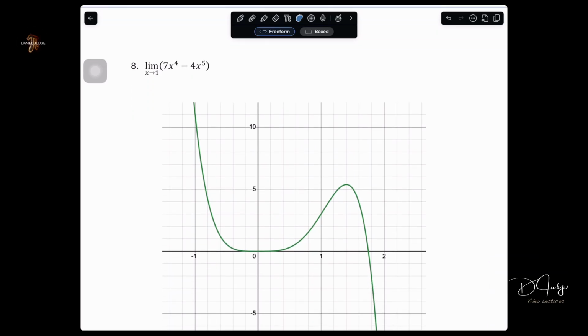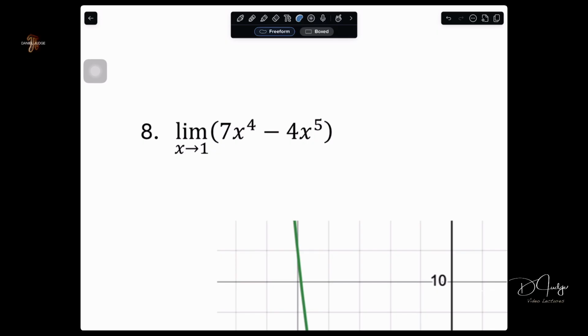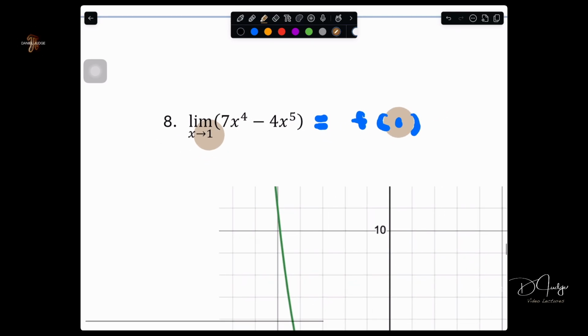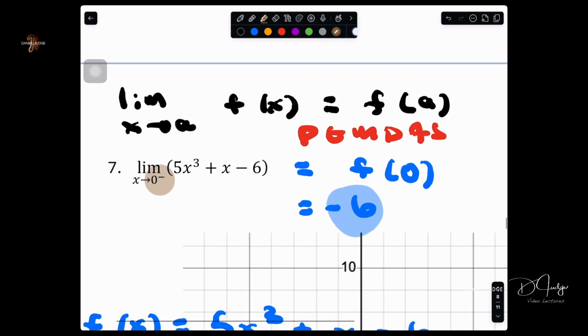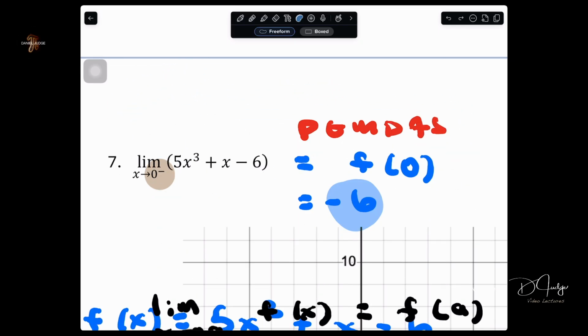Now, number 8. Another polynomial function. Because it's a polynomial, this function is continuous for all real numbers. It's continuous for the x value being 1. So we can find the answer by using that definition here we just wrote down for you guys. Okay, so let me bring it back down here just to be thorough.